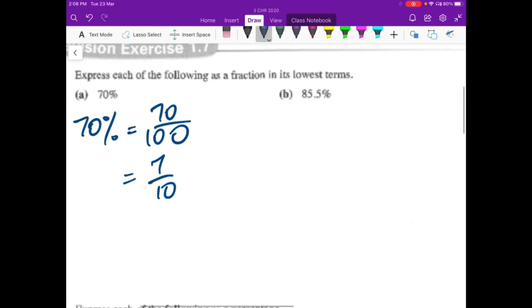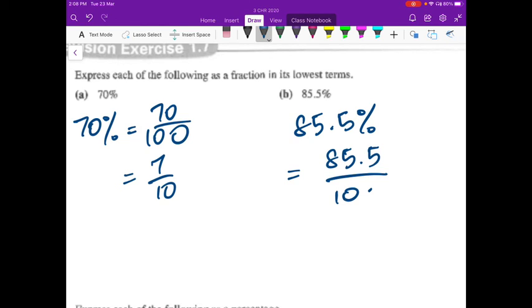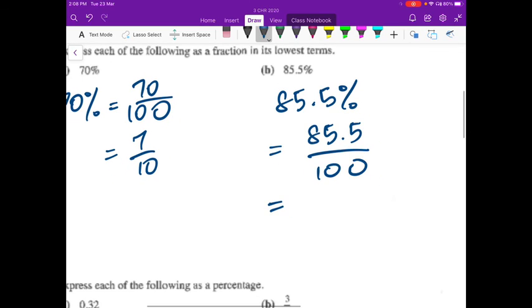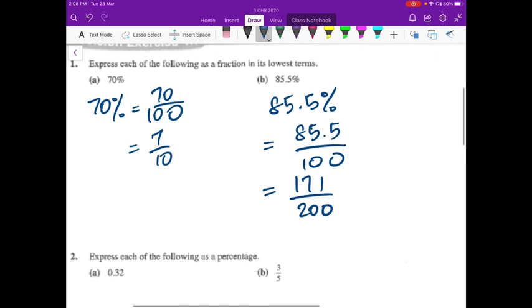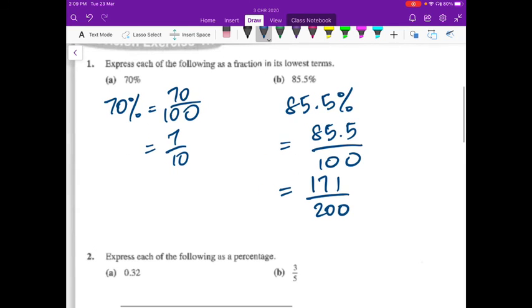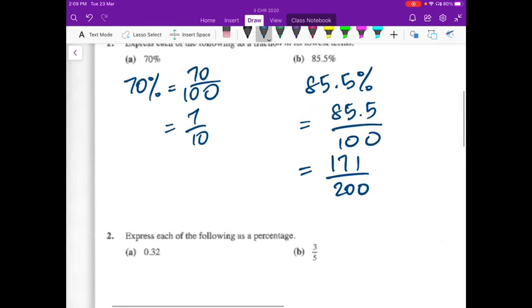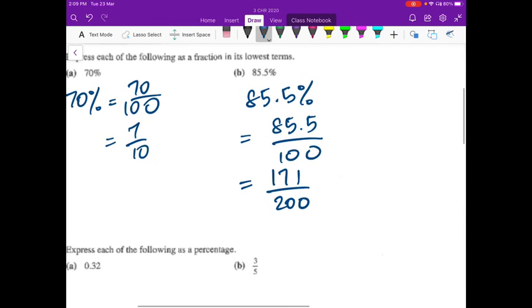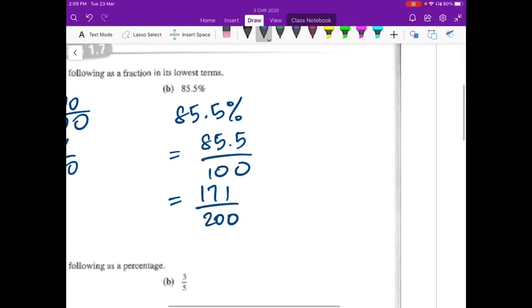Part B. Then use your calculator. 171 over 200. Shamim done? Because calculator says so. 85.5 divided by 100. 171 over 200.